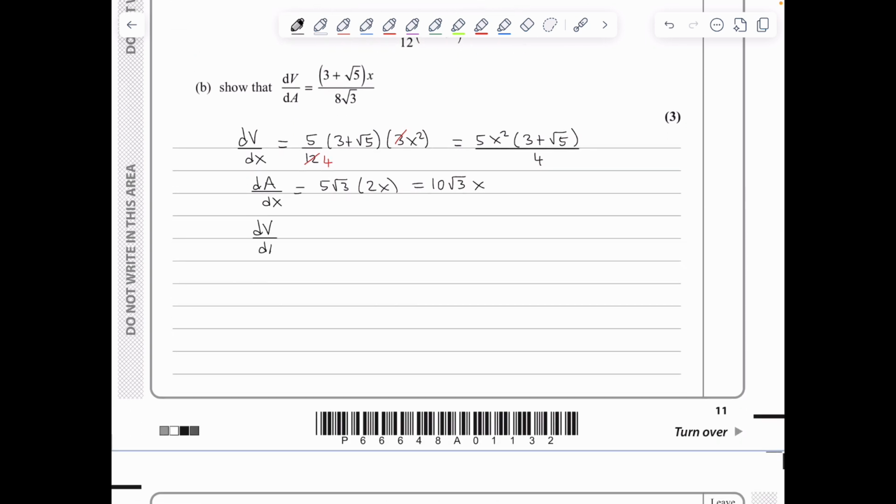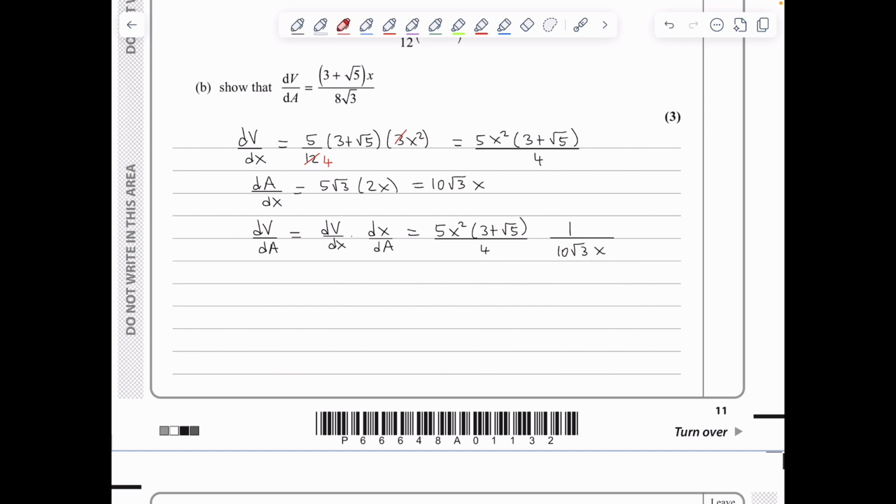So dV/dA is equal to dV/dx times dx/dA. Now we've got dV/dx to be 5x squared times (3 plus root 5), all divided over 4, while dx/dA will be the reciprocal of dA/dx. So that's going to be 1 over 10 root 3 x.